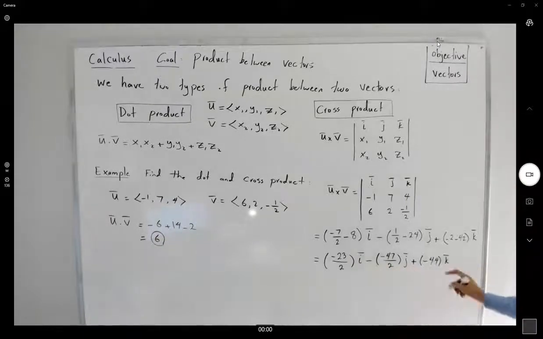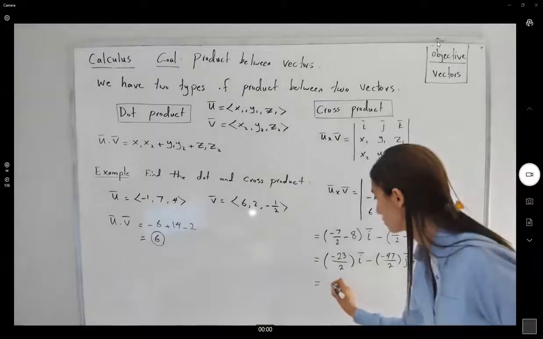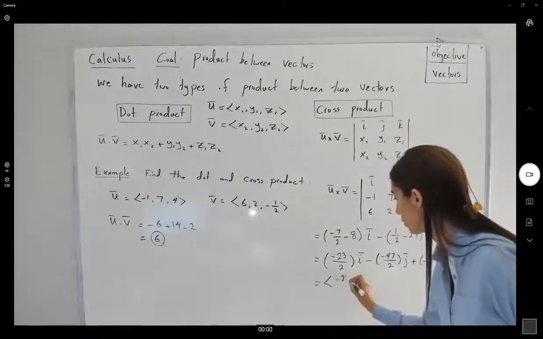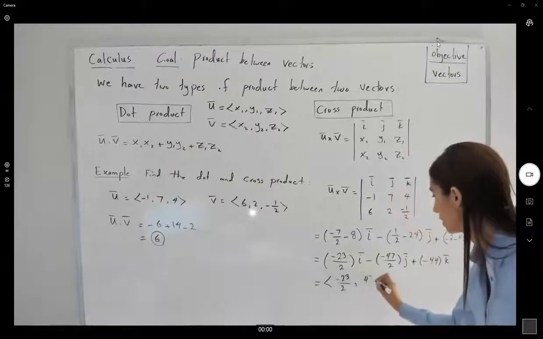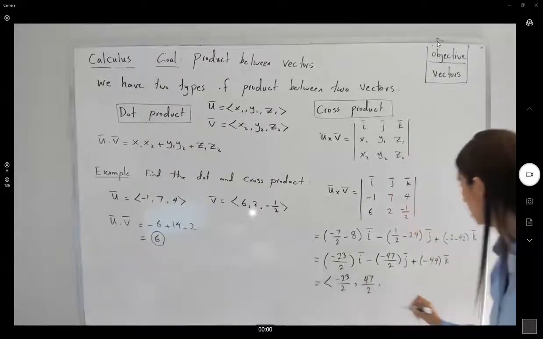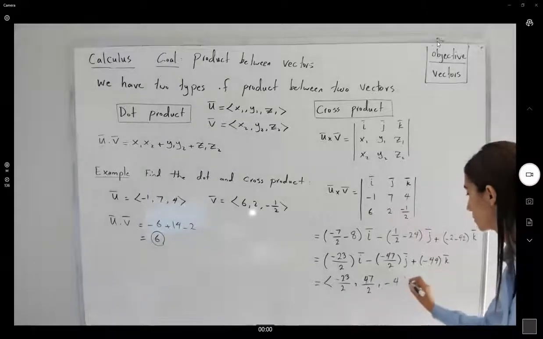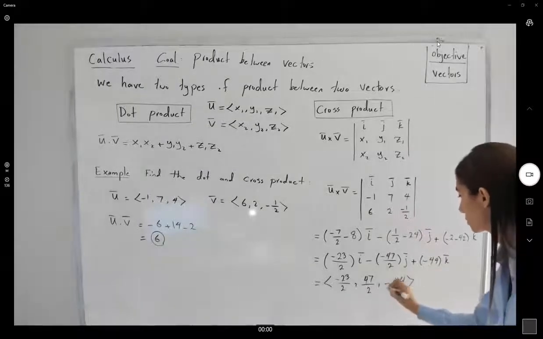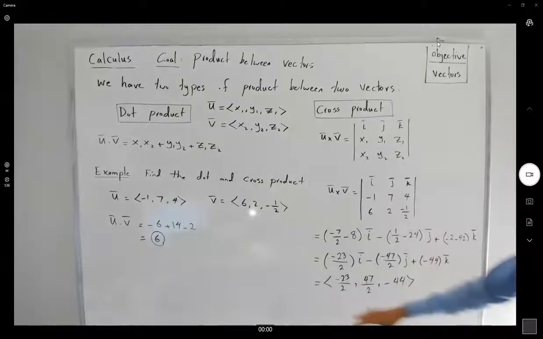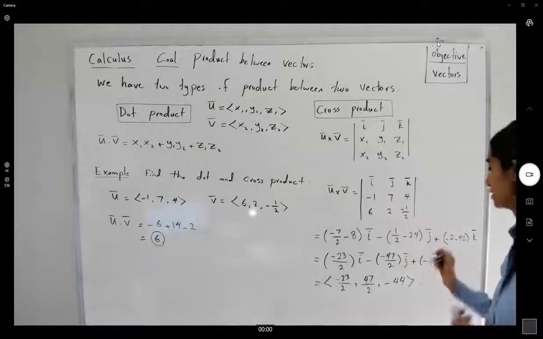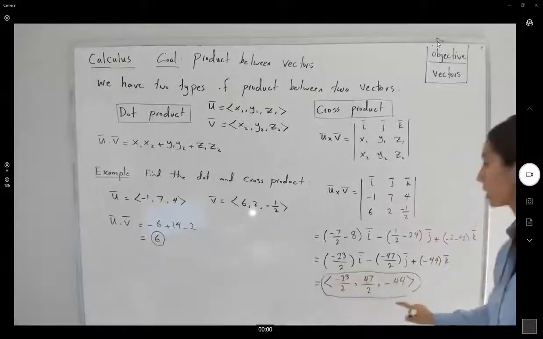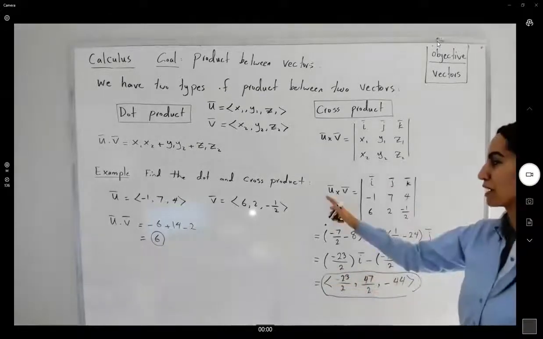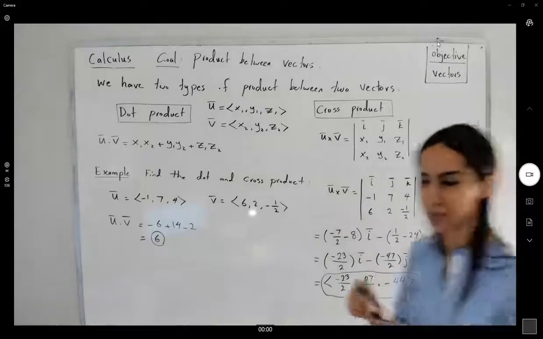We can represent this vector as -23/2, comma, 47/2, comma, -44. As you can see, the result is a new vector. We're going to see that this vector is perpendicular to both vectors u and v.